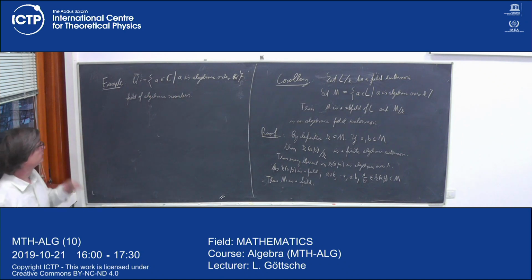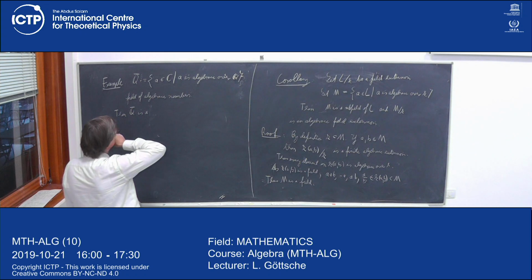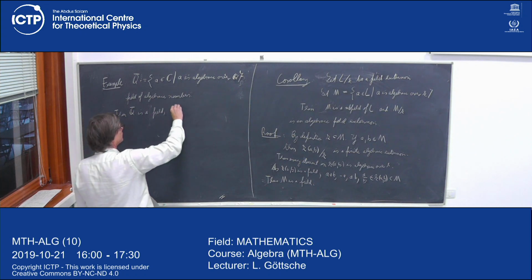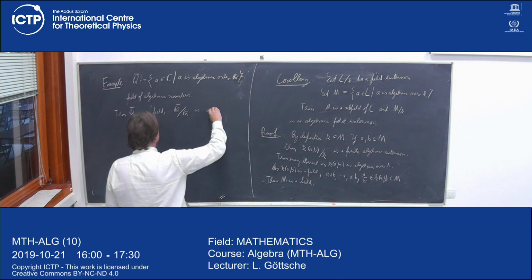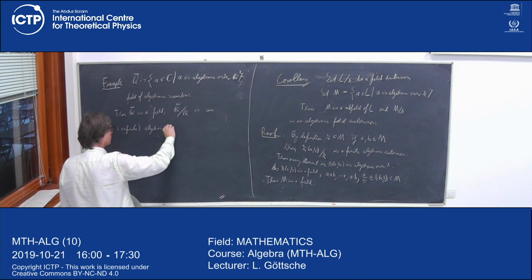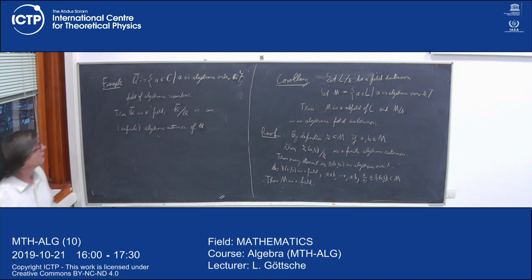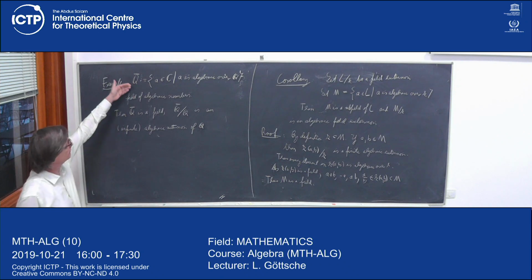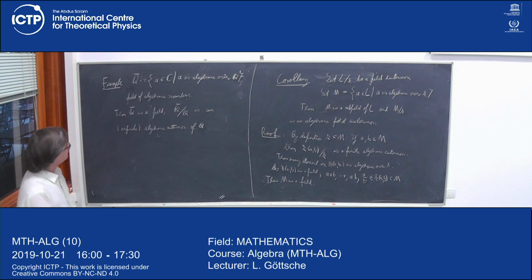So by definition, Q bar is a field, and Q bar over Q is an infinite algebraic extension of Q. So you can have here constructed a field which contains all elements which satisfy some polynomial equations with coefficients in Q. So this is some big field, but much smaller than the complex numbers, because complex numbers are uncountable, and you can easily see that this one will be countable, but still it's very big.